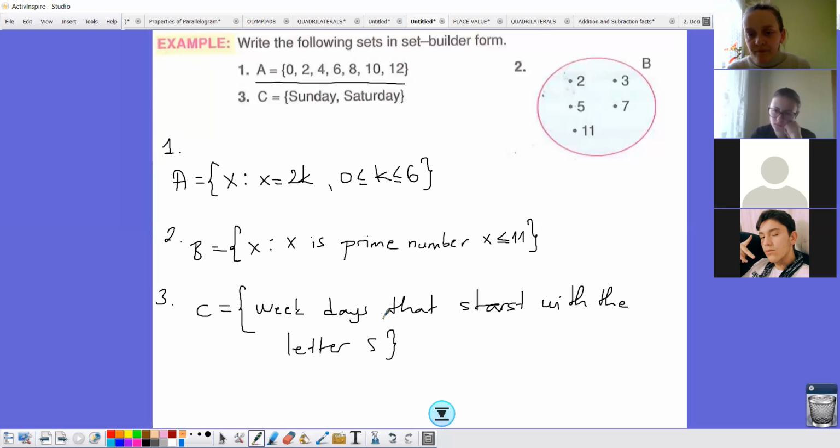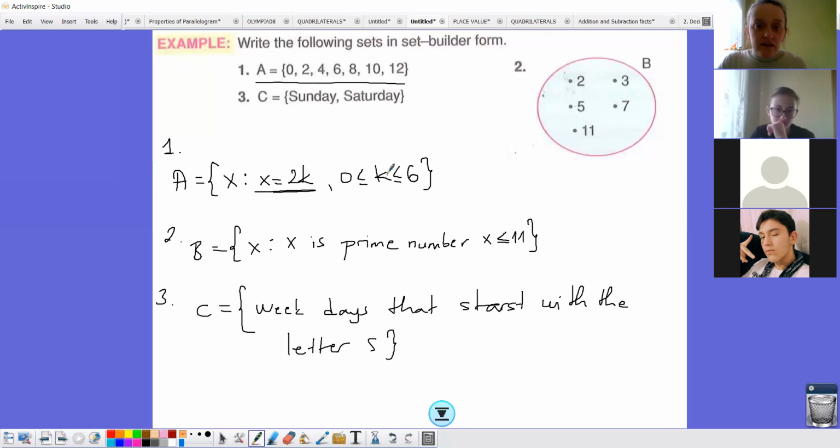Can you explain A again? A here, look, we have the numbers 0, 2, 4, 6, 8, 10, 12. As you can see, they are the even numbers. So it's still 12. Now here I am saying that this set is made of X elements and X is an even number. How do we show even numbers? We show like this, 2K, 2N, 2M, it doesn't matter.